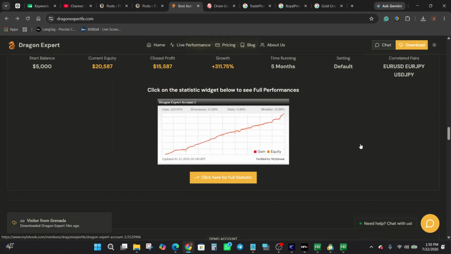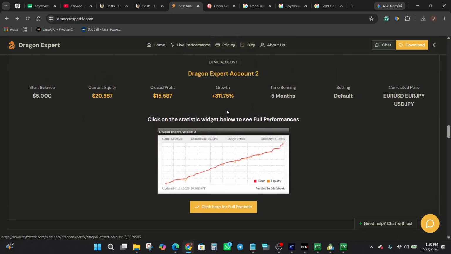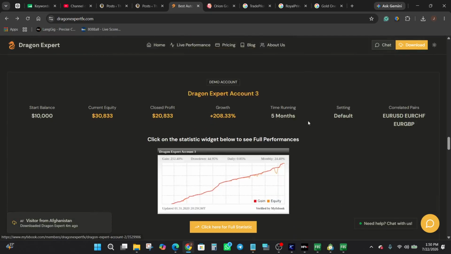Demo 2 shows 311.75% on Euro USD, Euro JPY, and USD JPY. And demo 3 reports 208.33% using a triangle set of Euro USD, Euro CHF, and Euro GBP.